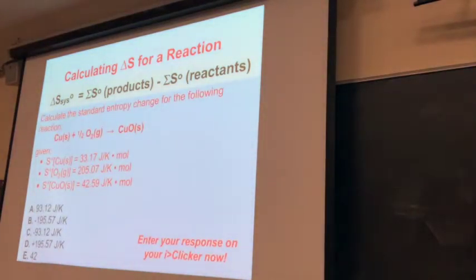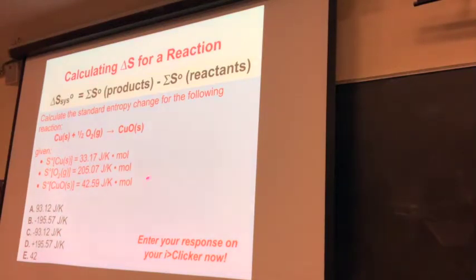We did this example on Wednesday, but if you'd like to do it again, that would be totally cool. We're looking here for an entropy change for this reaction. What you would do is take the entropy S of CuO and subtract the entropies of copper and half of an oxygen. You do have to have values here. You would not be expected by any means to do this just by yourself.